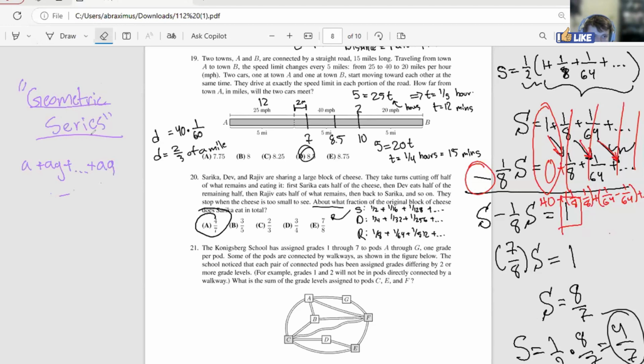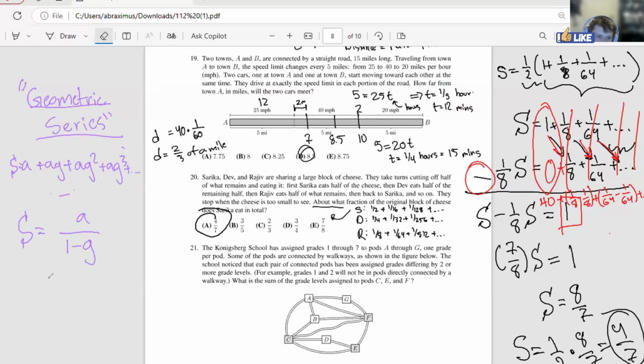So I guess I should write down a couple: plus a times g squared plus a times g cubed and so on. If you use a little bit of algebra, so again, let's call this fancy S, after a little bit of algebra, it turns out that the answer is a over 1 minus g.